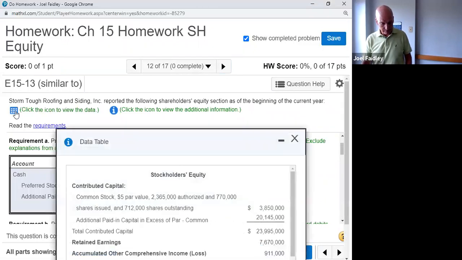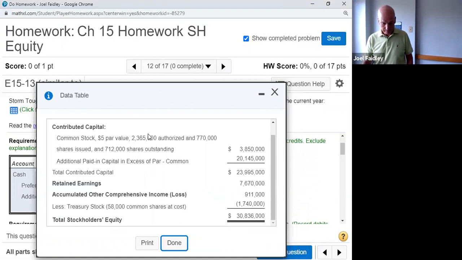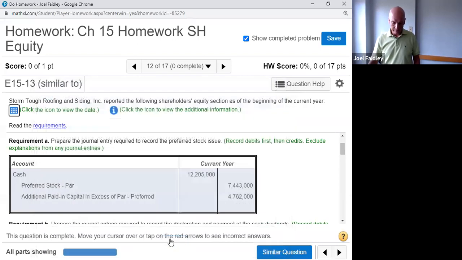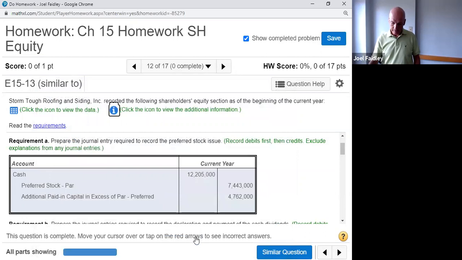Let me click on the information so you can see it. You can stop your video and copy it so I don't have to stay here and wait. All right, and then additional information. There's the answer to requirement A, the issuance of preferred stock.